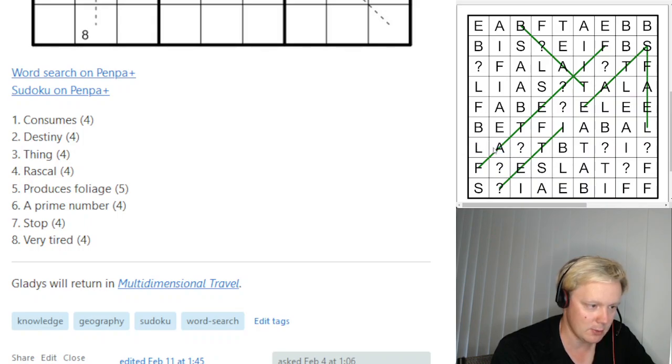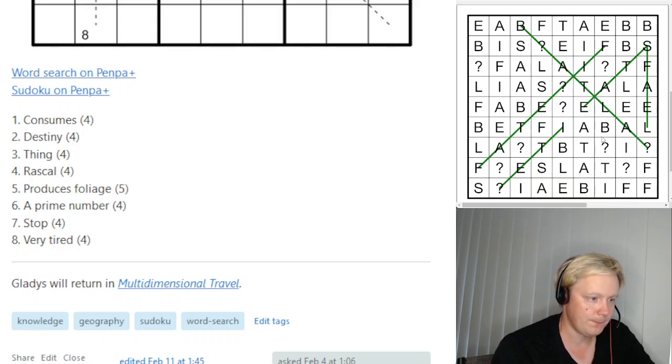A, L, but that's too short. Question mark, no A around this one. And this is too short, and this is too short. Question mark, A, L, T, finally here it is. So this question mark starts the word halt.